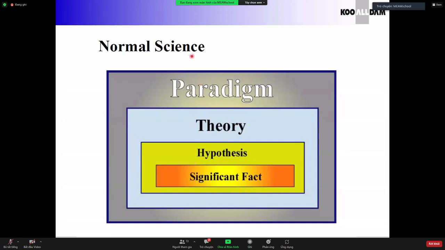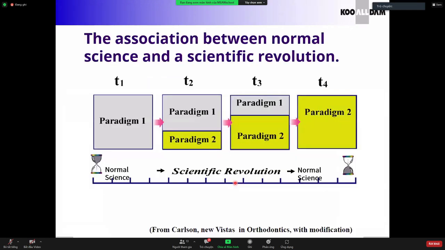In normal science, this is a paradigm. Paradigms encompass theories, which in turn encompass hypotheses. This hypothesis is based on significant facts. In T1 stage, this paradigm is always changing between normal science and scientific revolution.